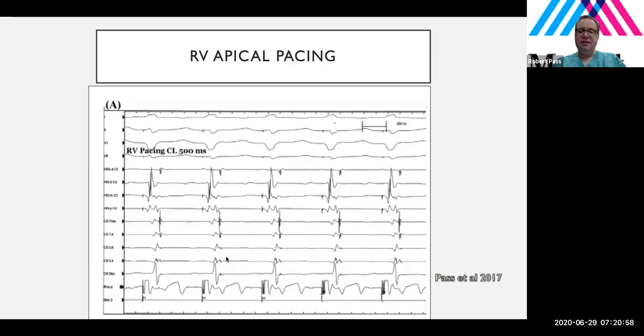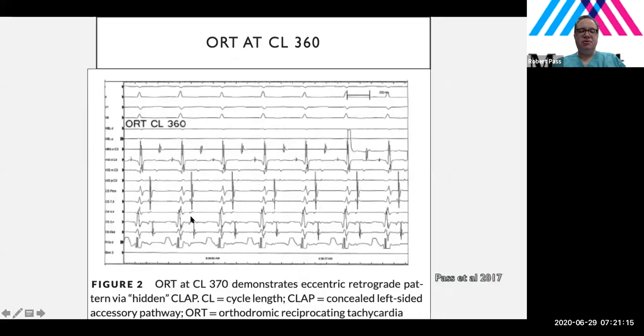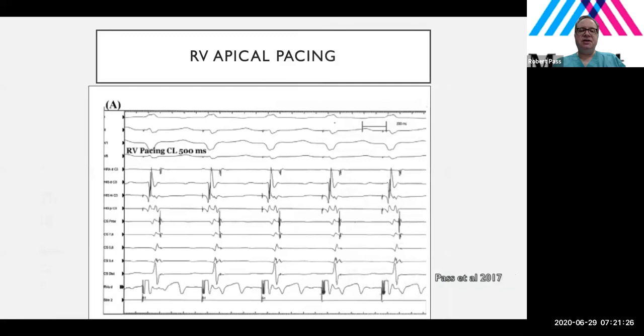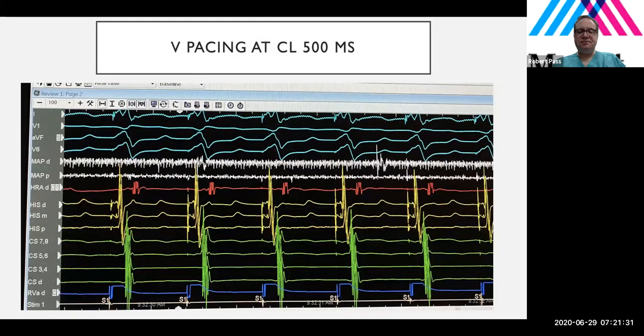However, when we put the catheter in the LV and pace, the earliest retrograde A is in the distal coronary sinus, the second to distal most pair. This is obviously later than this pair. And when we have orthodromic reentry, it looks similar as well, with the earliest retrograde A in the mid-coronary sinus pair.